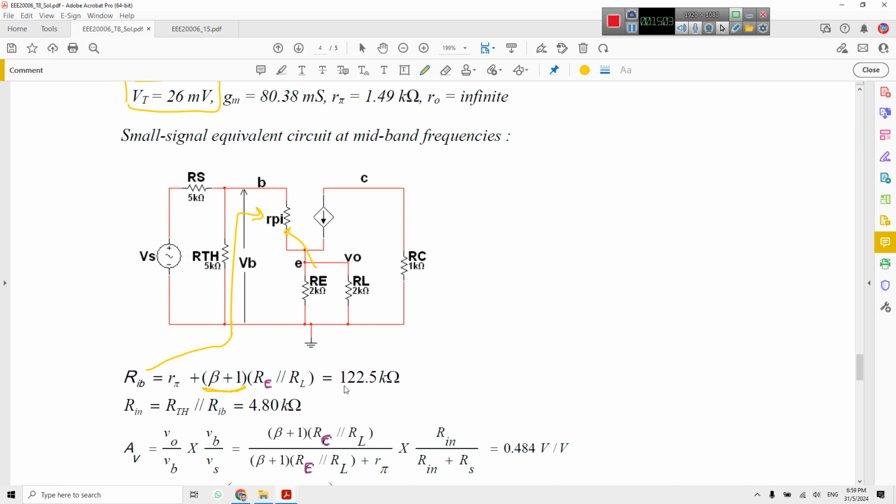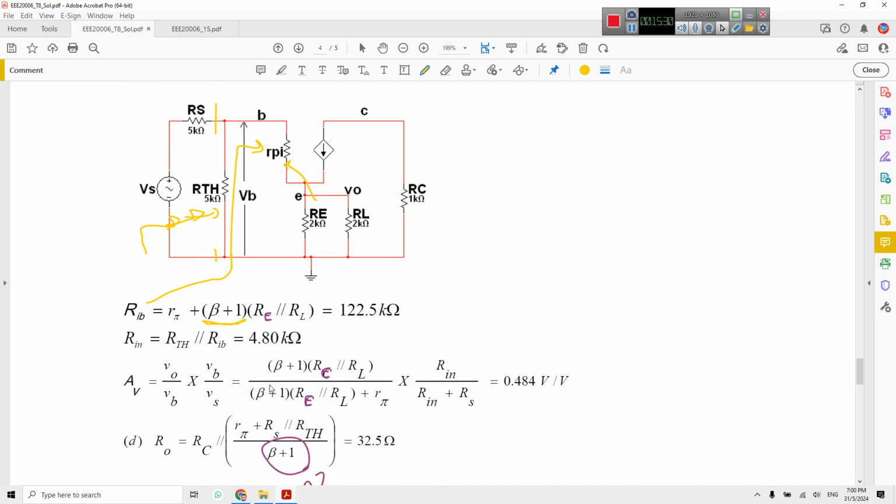Then the value is 122.5 K, and R in, which is seen from this point, without this one, still without this one, from this point of view. So R Thevenin in parallel with R_IB. Then the value is given by here.